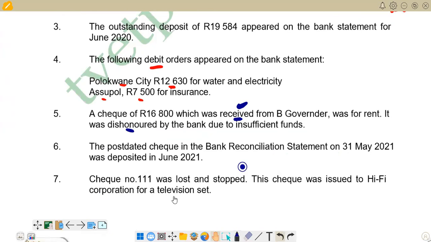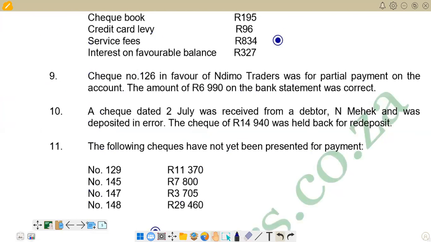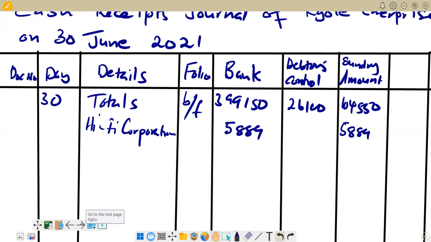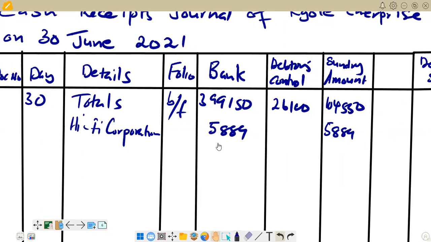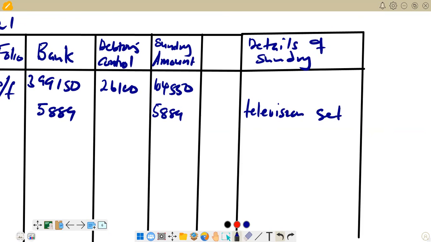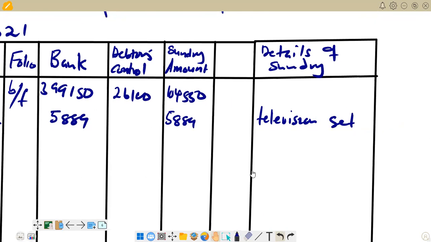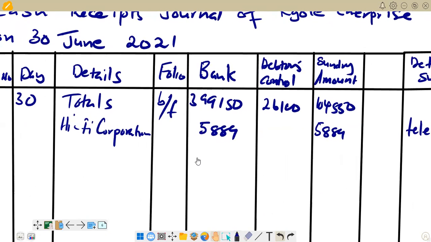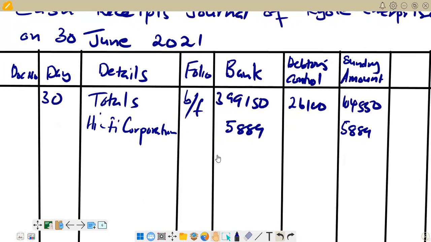It's for a television set, so that is the description we can write there. So this is what we have for this one. Then we can go and check the next one.